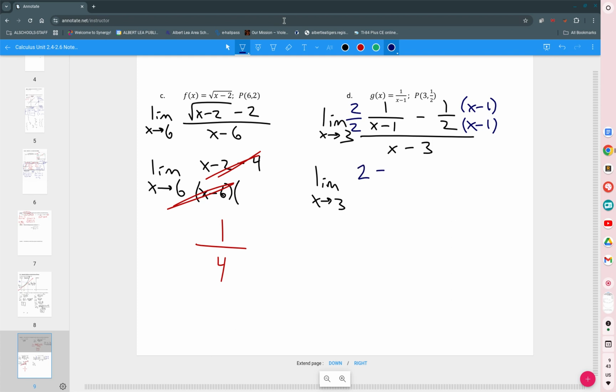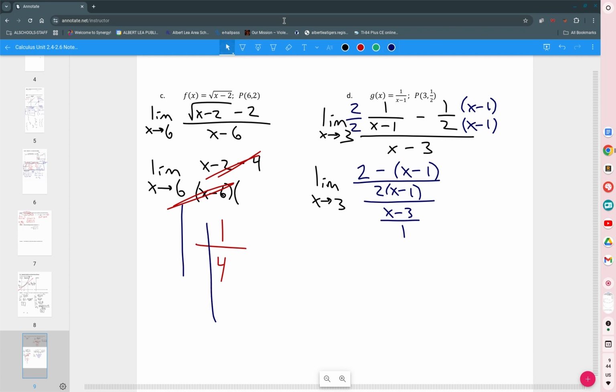And I get 2 minus the quantity x minus 1 over 2 times x minus 1, all over x minus 3 over 1. Now let's admit it's harder to see how things are going to cancel here, isn't it?